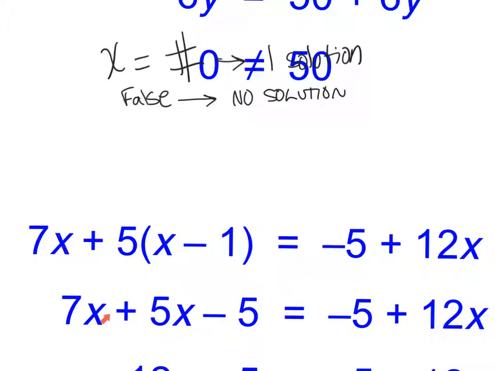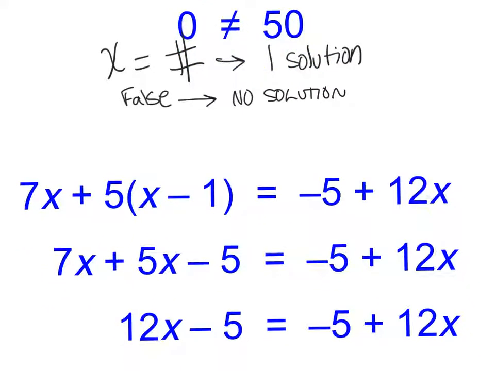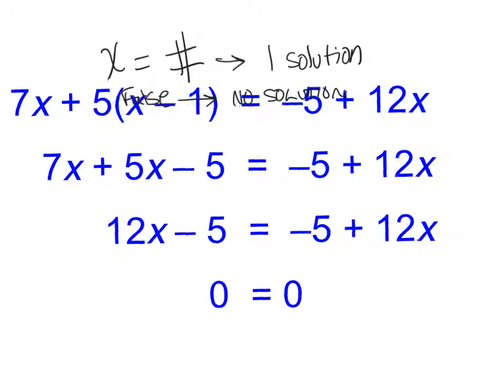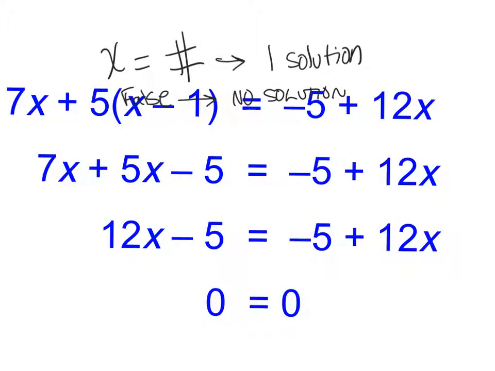You get 7x plus 5x minus 5 equals negative 5 plus 12x, and then you combine the 7x and 5x and get 12x minus 5 equals negative 5 plus 12x. And then you go to solve, you might add 5, and that gives you 0, minus 12x, it gives you 0. You get a true statement, 0 equals 0.